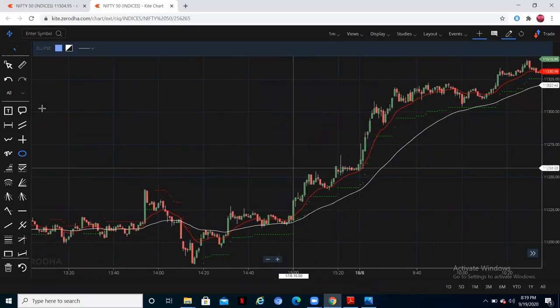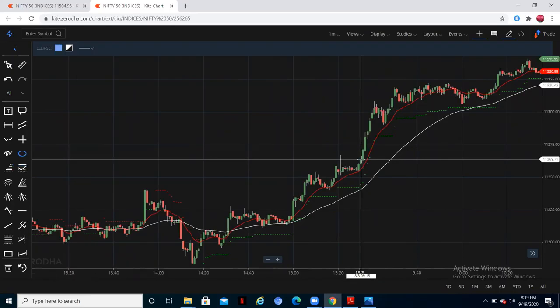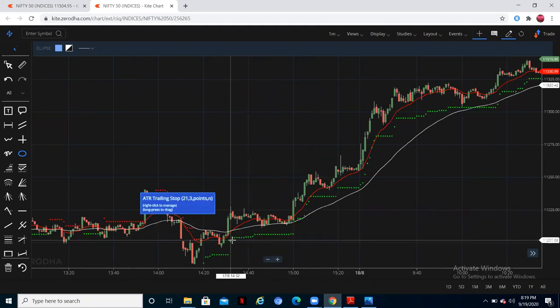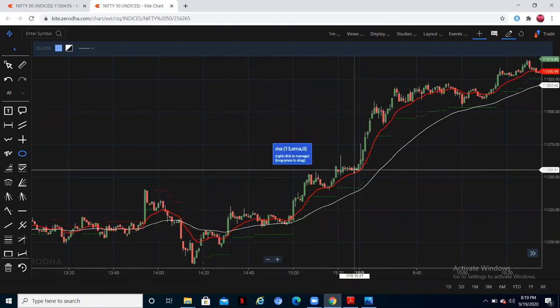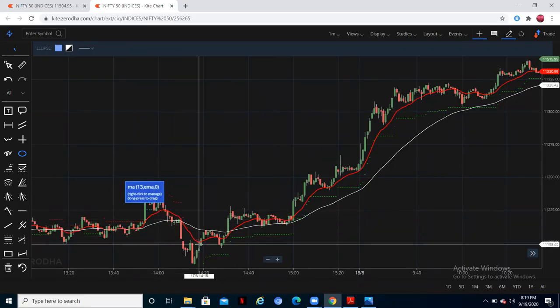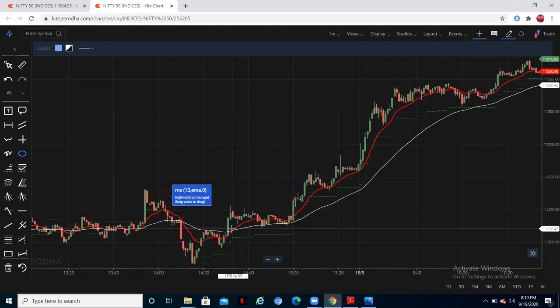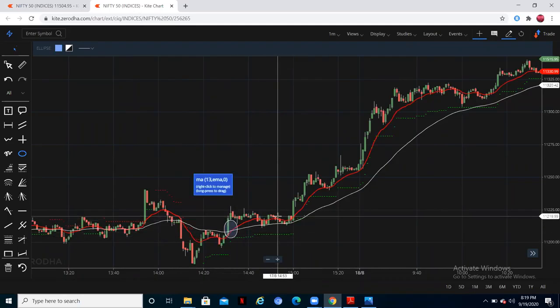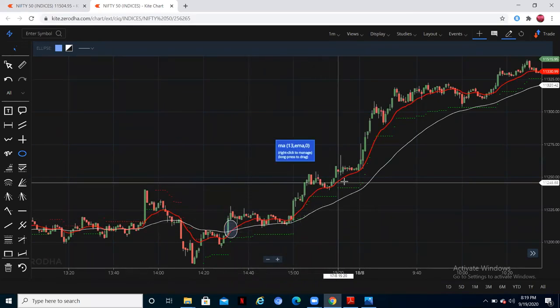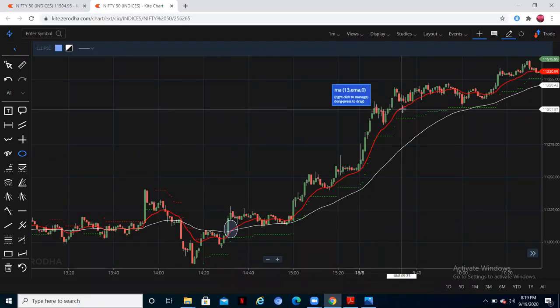So the first basic of using these moving averages is whenever these moving averages intersect, or cross, that means the stock is reversing from its previous trend, or giving you a new trend. In simple language, if the red line crosses the white line and moves in the upward direction, or when the red line is moving above the white line, that means the stock is bullish.